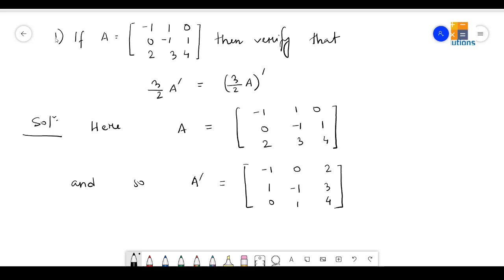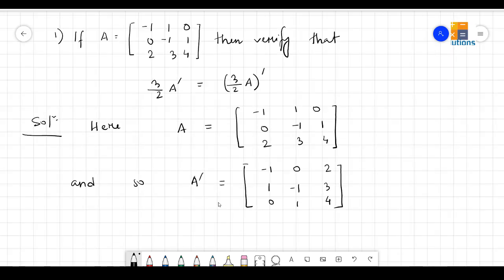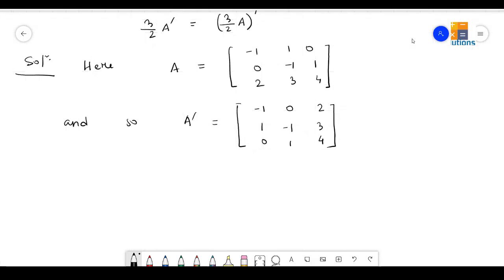Then coming to the verification part, let us start with the LHS. So the LHS given here is what? 3 by 2 A dash. That means with 3 by 2, this is a scalar term, I'm going to multiply the value of A dash which we have already evaluated: -1, 0, 2, then 1, -1, 3, then 0, 1, 4.